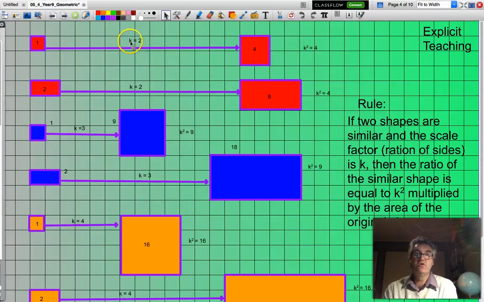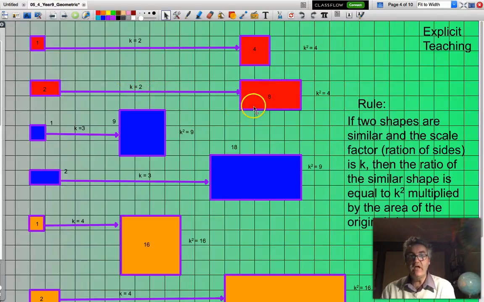In other words, what have I done to these side lengths to go from this original shape to this similar shape? I have multiplied by 2. Likewise, if you look at this shape here, I have multiplied the sides by 2 to give you that shape there. So k equals 2.